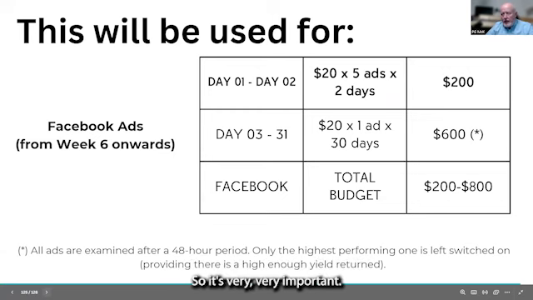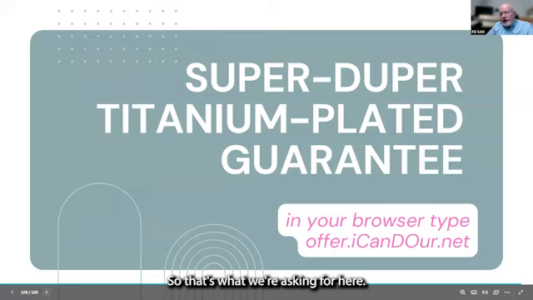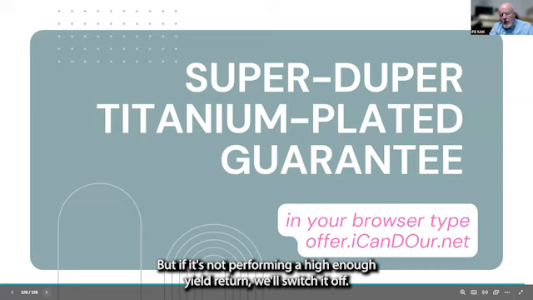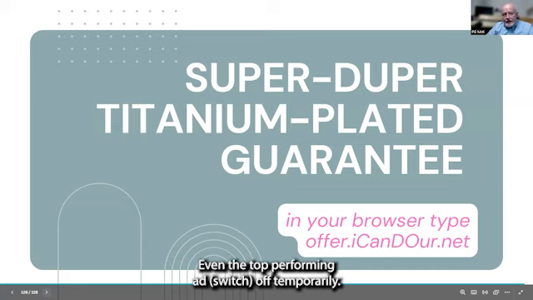So it's very, very important. And remember, this gets paid to Mr. Mark Zuckerberg and to Facebook. But if it's not performing a high enough yield return, we'll switch even the top performing ad off temporarily.